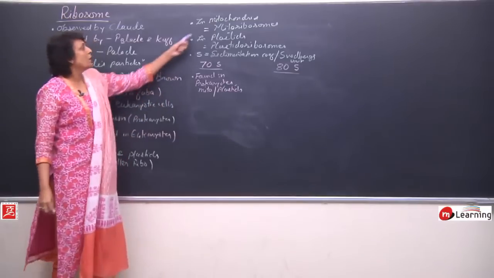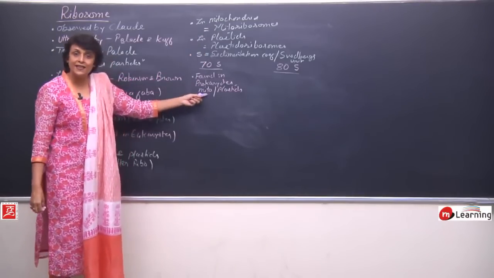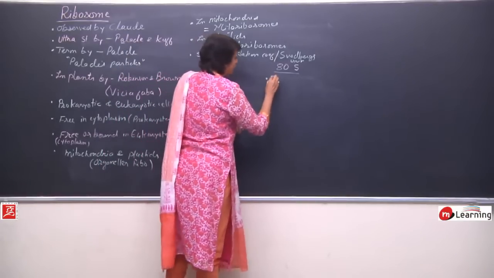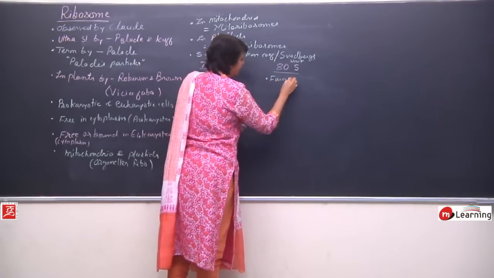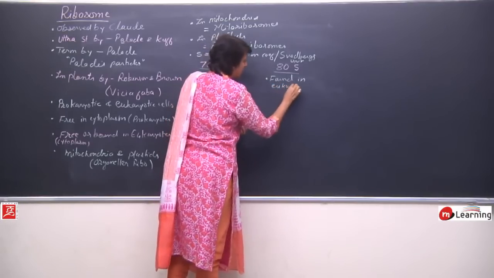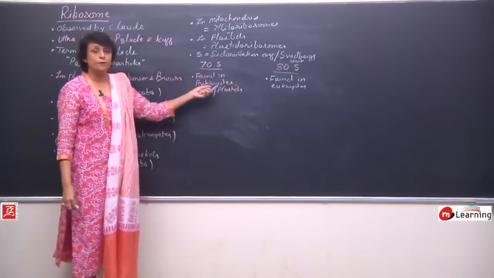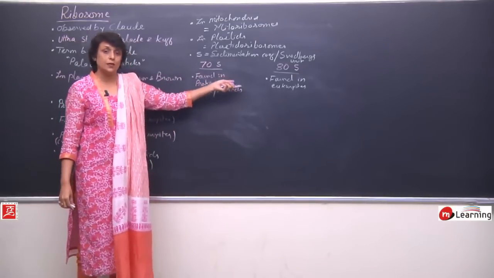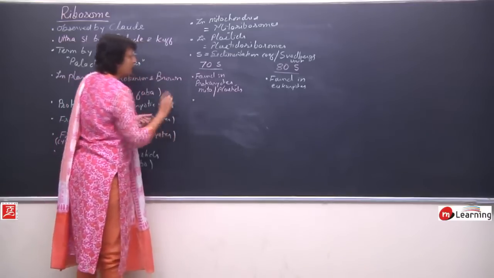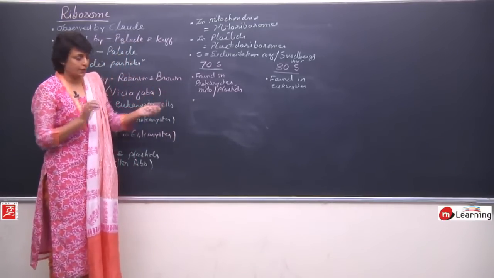So when we are talking about mitoribosomes and plastidoribosomes, these are actually 70S type. 80S are found in eukaryotes, that is the ones which are free in the cytoplasm, as well as the bound ones which are attached to the endoplasmic reticulum.